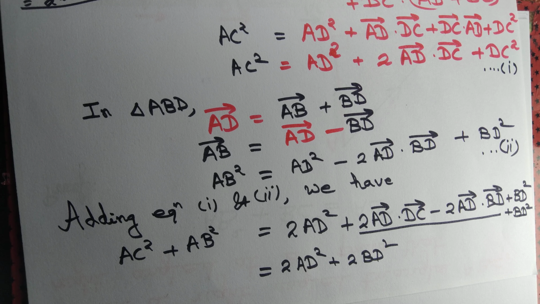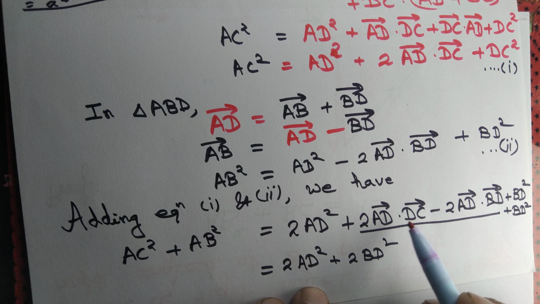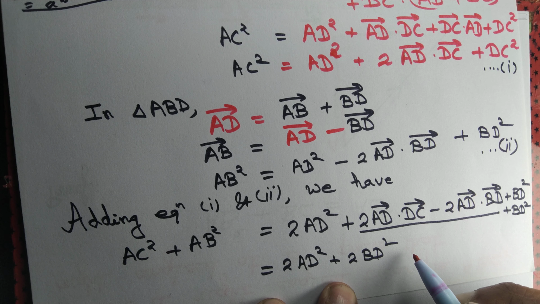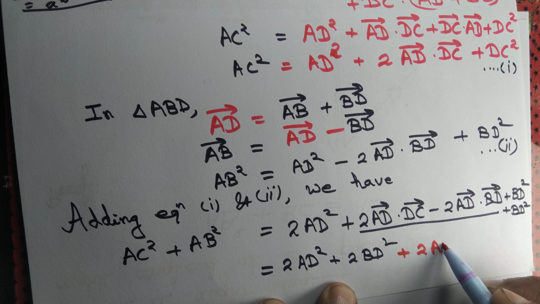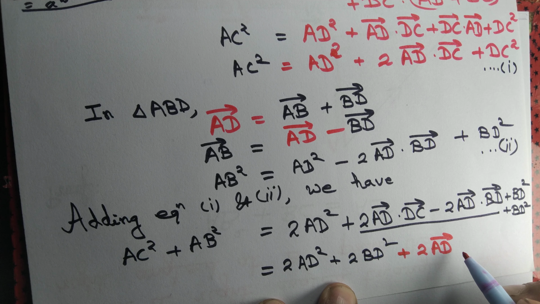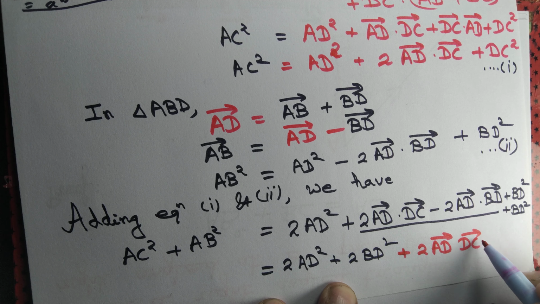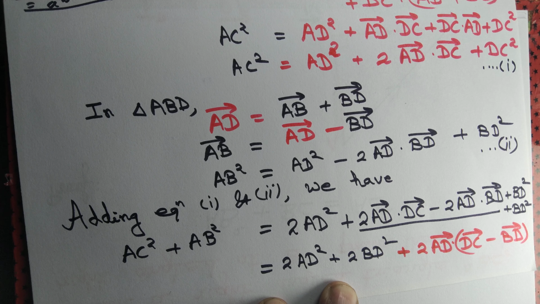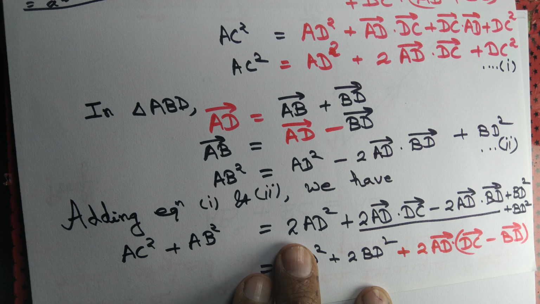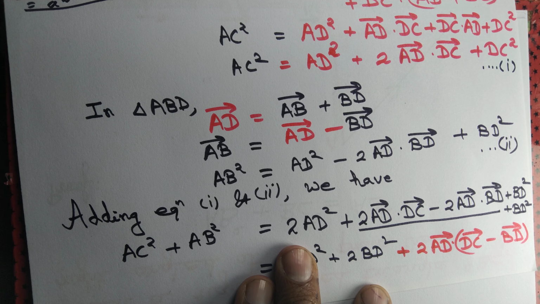But observe that we can take 2AD common. So we can write it as plus 2AD dot DC minus BD. Are DC and BD equal?